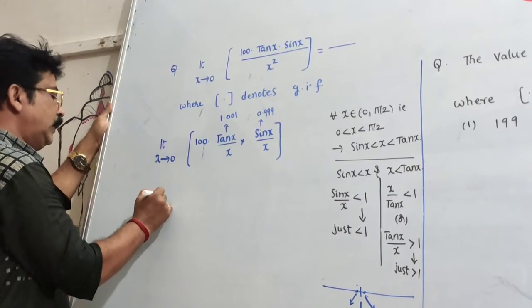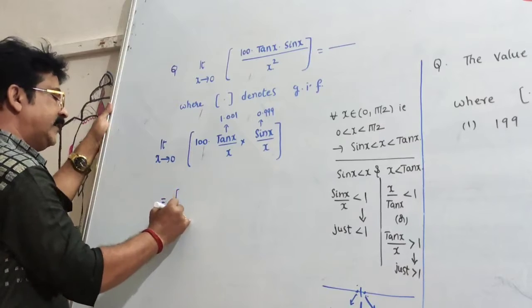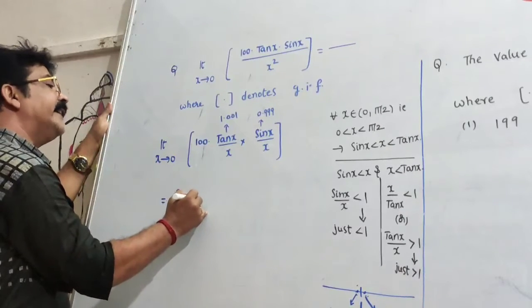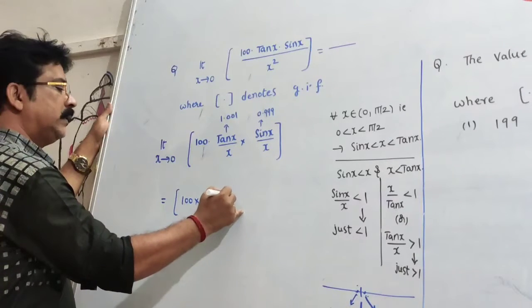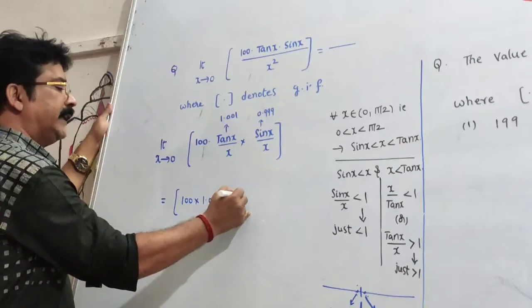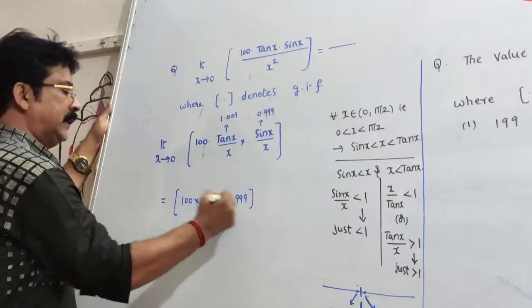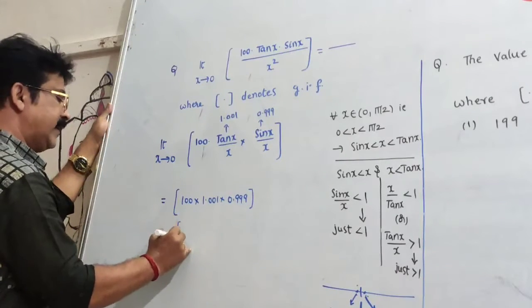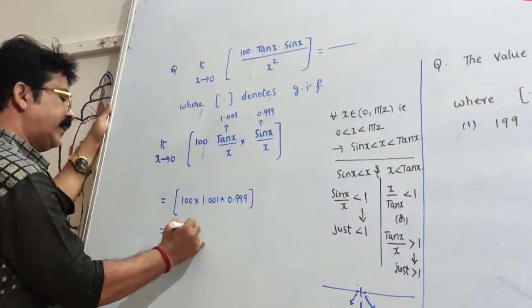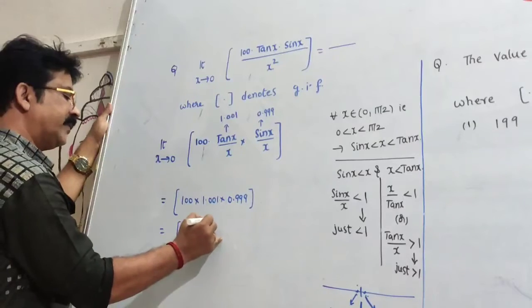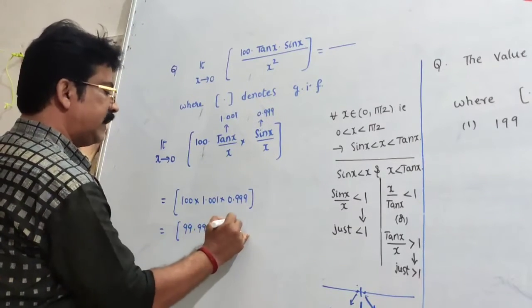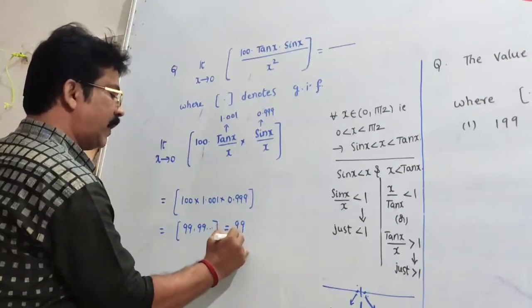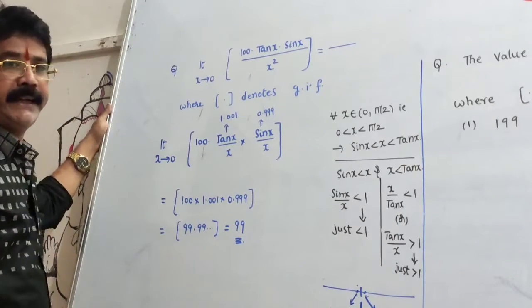So that is equal to, we can take it as box of 100 into 1.001 into 0.999. So clearly it can be 99.9999 something like that. The box will take only the integer part, so that is equal to 99.